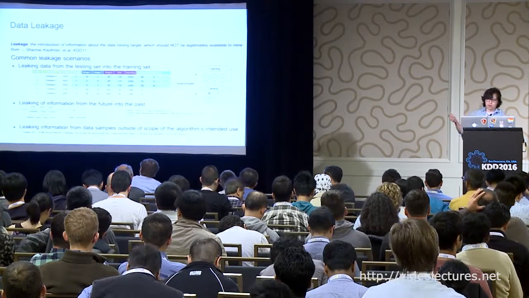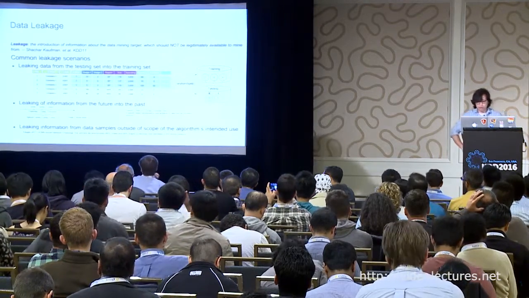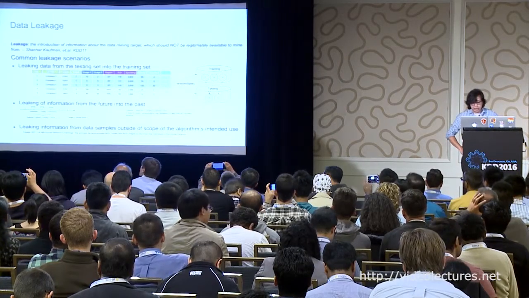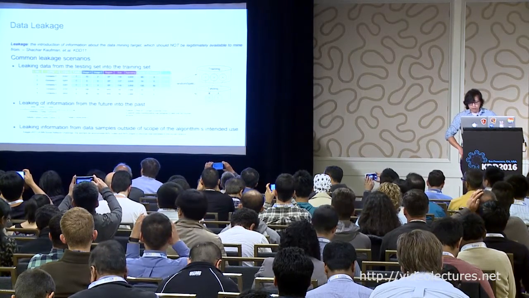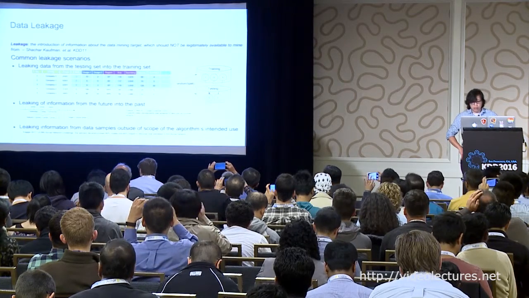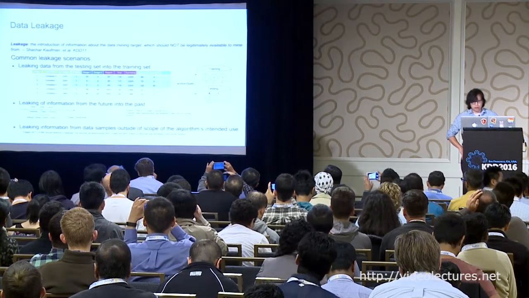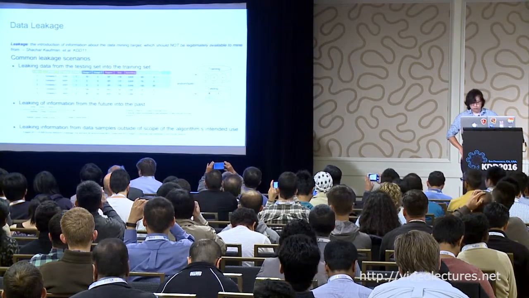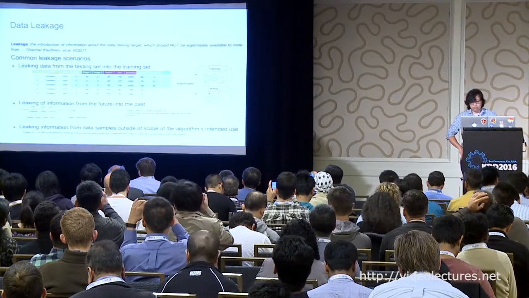The first common pitfall I'm going to discuss is called data leakage. In 2011, at KDD, there was a paper published called Leakage in Data Mining: Formulation, Detection, and Avoidance.